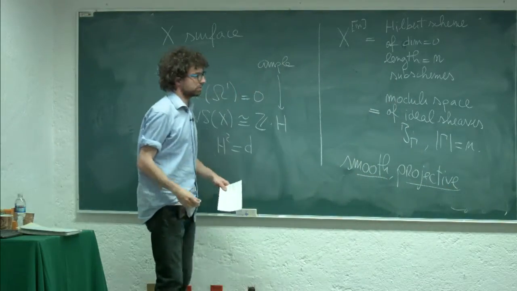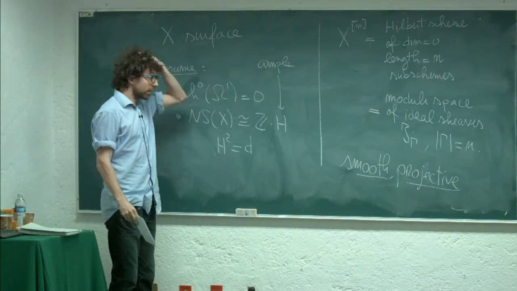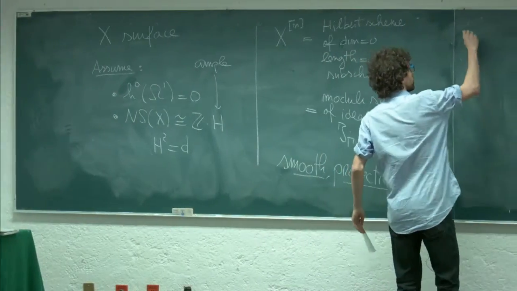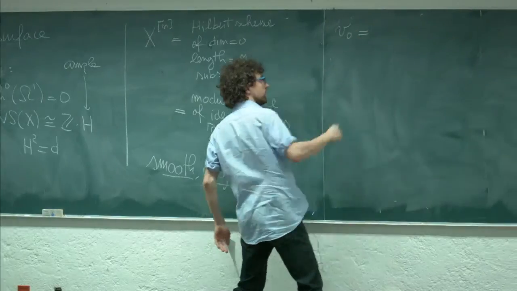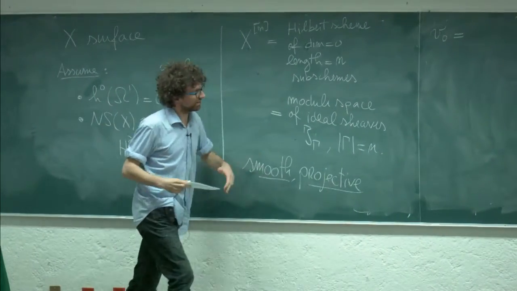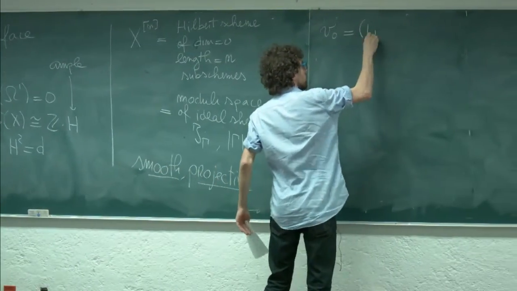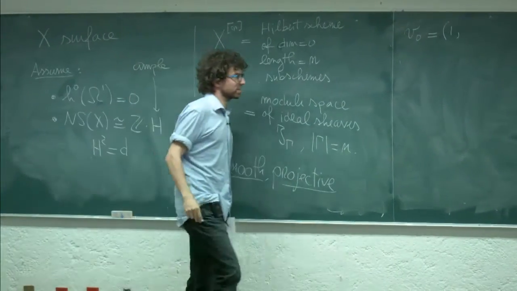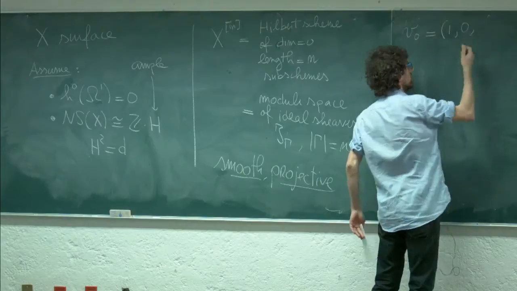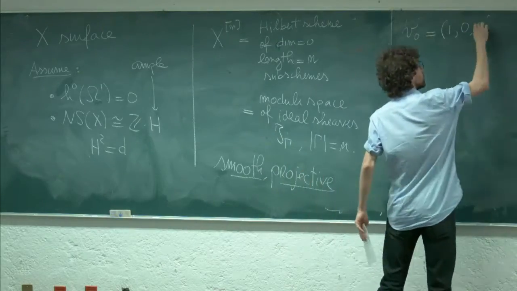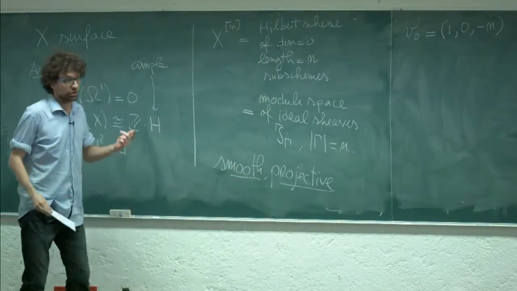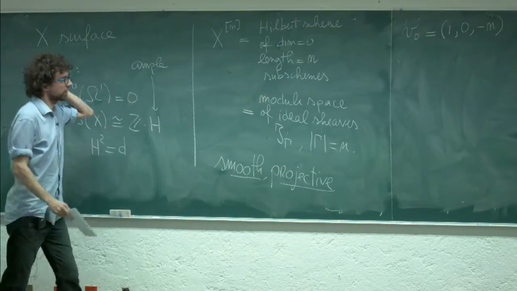So that's my moduli space, and with respect to the notation of today, the vector I'm taking is the following. They have rank 1. I don't need to worry about fixing the determinant because the Picard group here is 0, so there is nothing to fix. So it's just taking 0, and then I want the length, so the second Chern character is going to be minus n. Those are the moduli spaces I'm looking at.